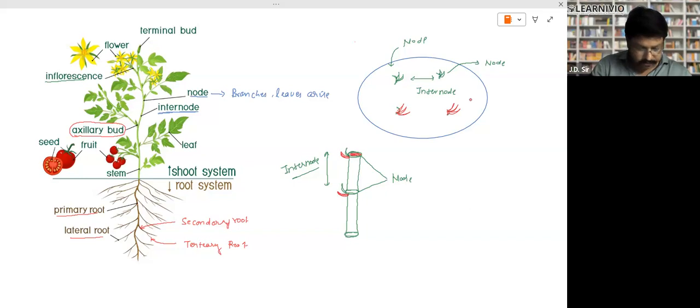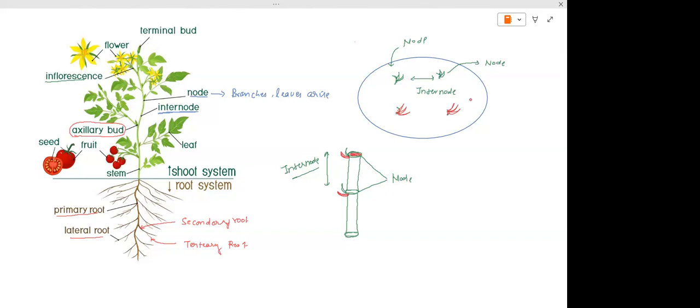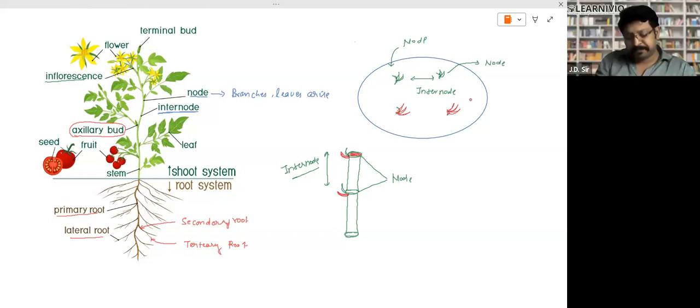Do you have an idea of the floral venation, petals, sepals and all that, or not? Tell me, guys, quickly. Yes, sir. Okay, you have the idea. Fine, that's great. There are basically three families, and most of the time you get the question from two families only: either the Solanaceae or the Liliaceae, right? But we have to cover all three families.